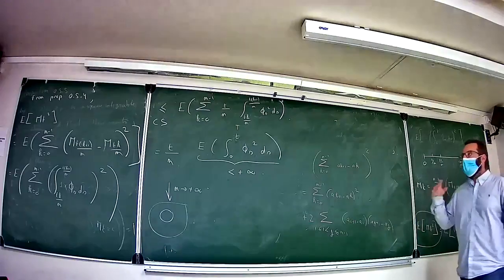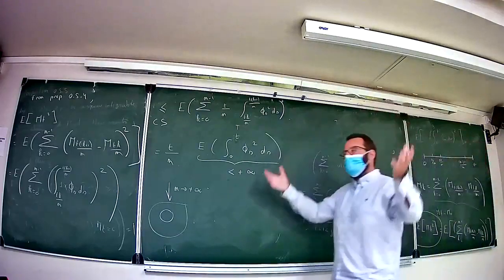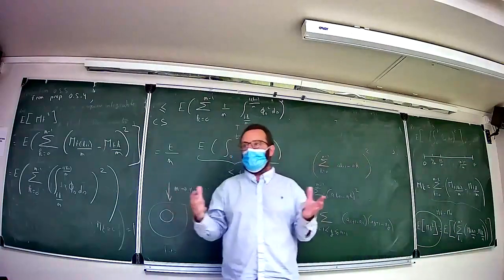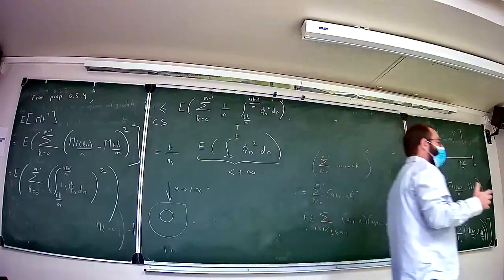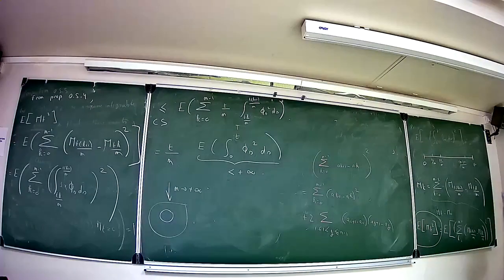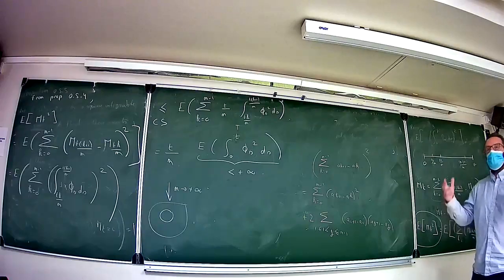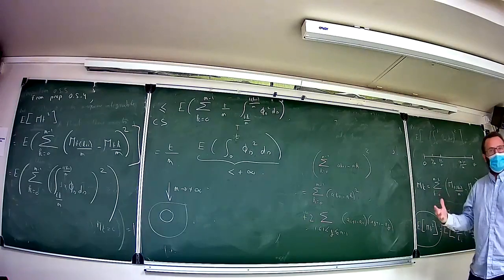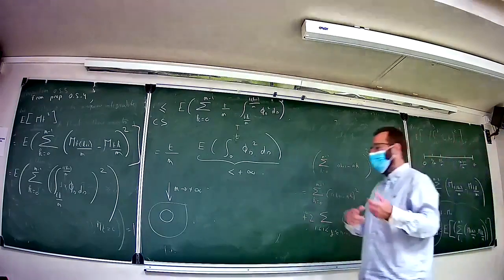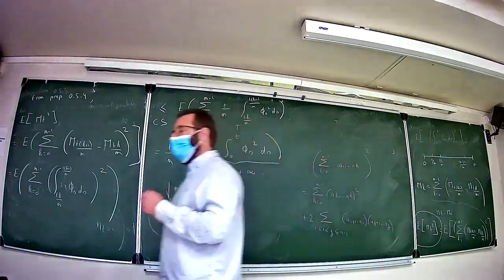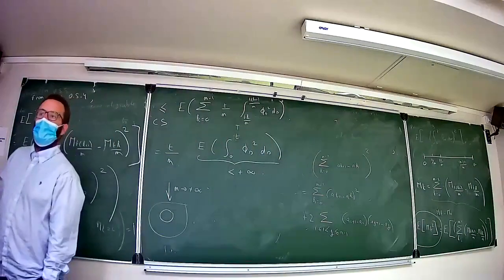We are going to work on spaces of square integrable and continuous martingales, and the idea is to be able to equip this space with a norm that is easy to handle, not a complicated one, a nice one, in order to make the computation of norms very easy.